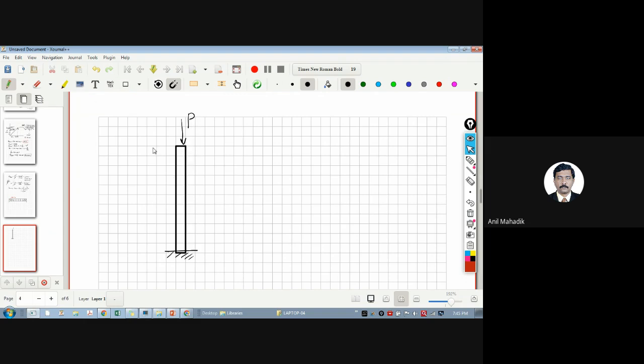If this is your original length L, delta L reduces. So the length will be reduced by delta L. So your original length is L and the final length is L minus delta L. That means it is a shortening effect. The column will shorten. As it is shortening, there will be compression.